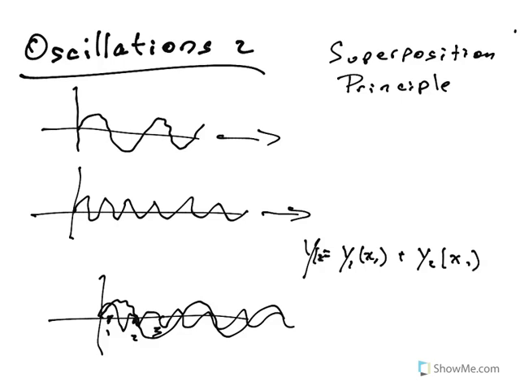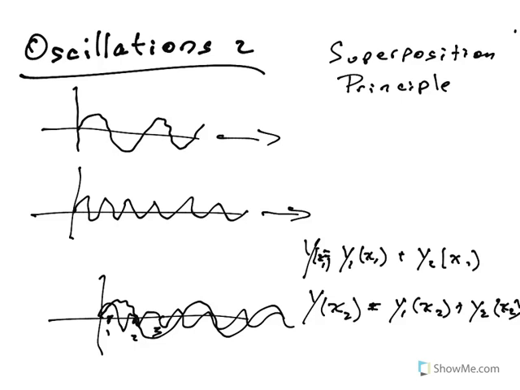Okay, so that's the value of the total wave at x. And then if I want to know the value at the next point in space, I just take the value of the first wave at this new point plus the value of the other wave. So you're just adding each wave together to get a new amplitude for our final wave.